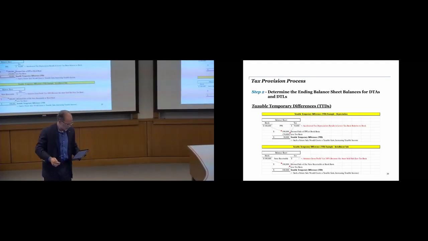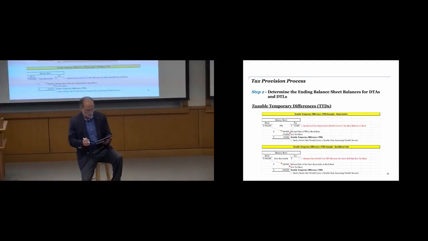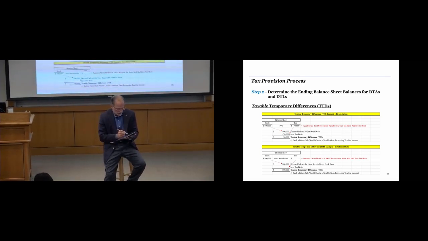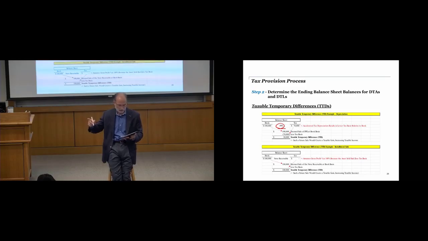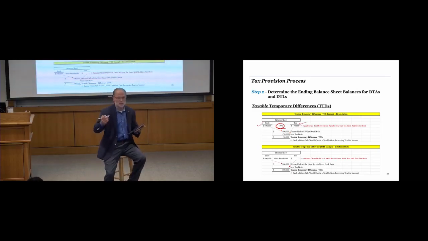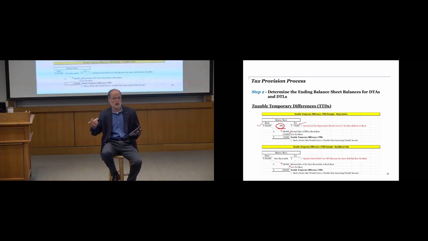So, I'm just taking from the top here. The first one is the example of the accelerated depreciation. So our balance sheet item is PP&E, okay? So I buy the asset, say it's 100,000. So book starts at 100,000. I do accelerated depreciation. I just made up these numbers. So let's just say 30,000 of depreciation has already happened for book purposes.